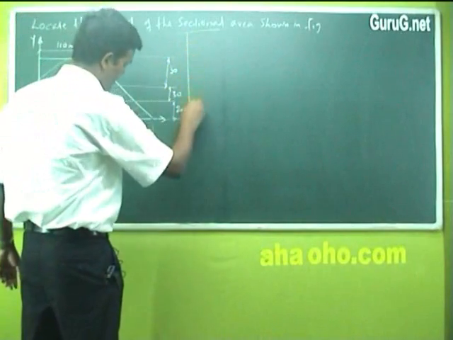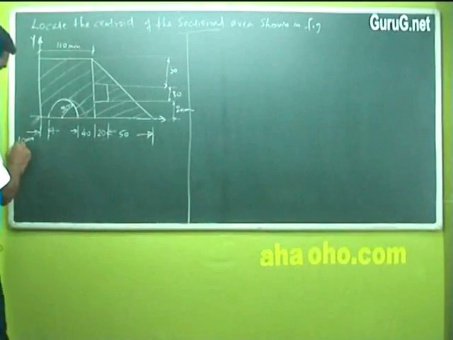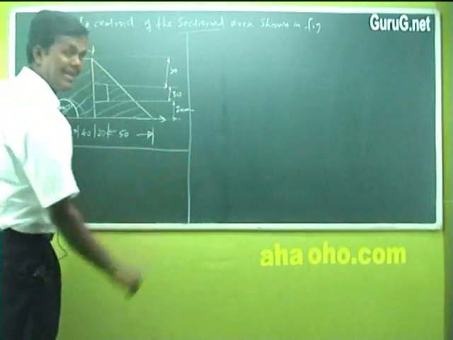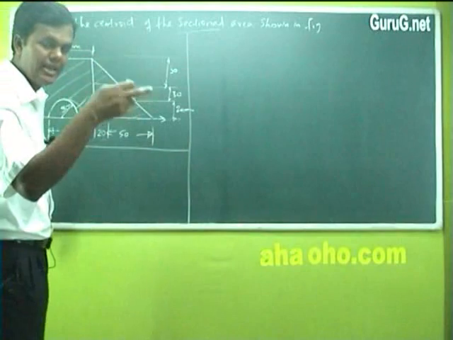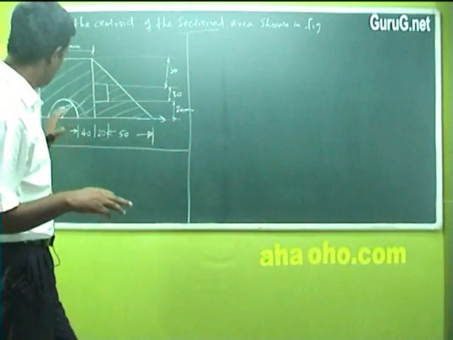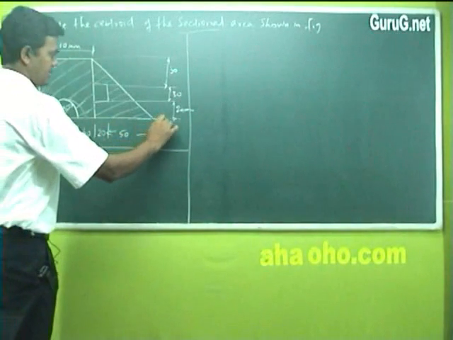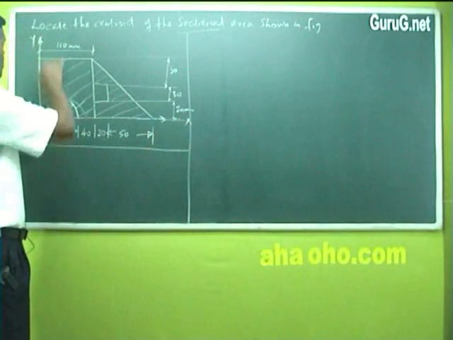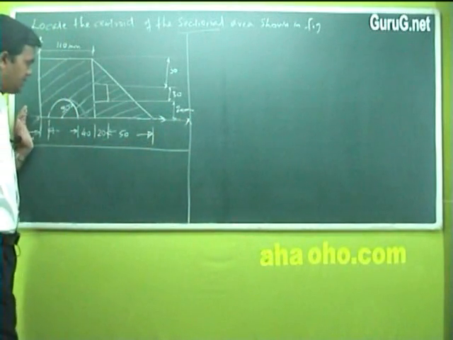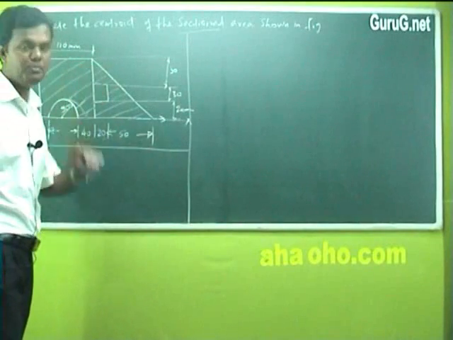Now the basic step, what you have to do, you have to first find out individual areas and their x and y values, which means first we have to form the basic OX axis and OY axis. This OX and OY are your reference axis for every problem you have to consider.